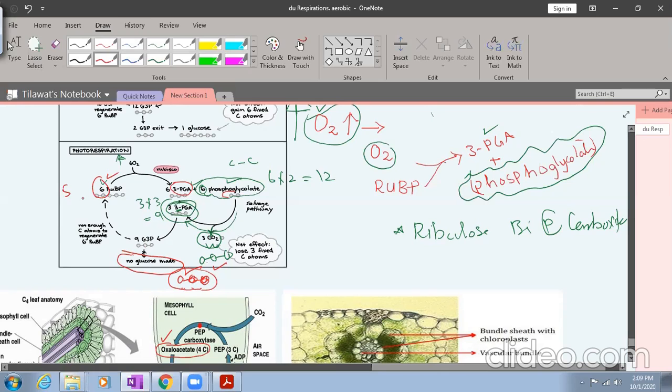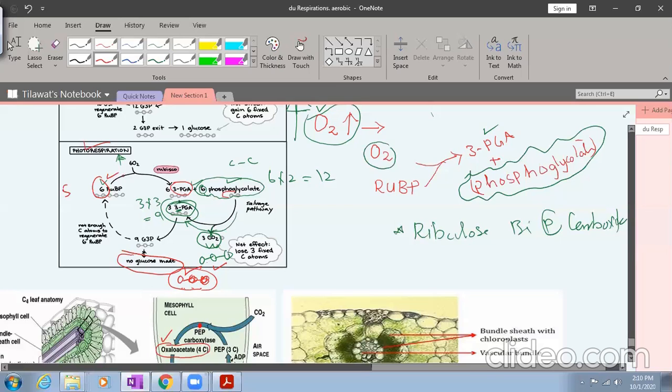When the dark reaction of photosynthesis decreases, what will happen? Glucose formation or organic molecule formation will decrease in the plant's body. Am I clear?